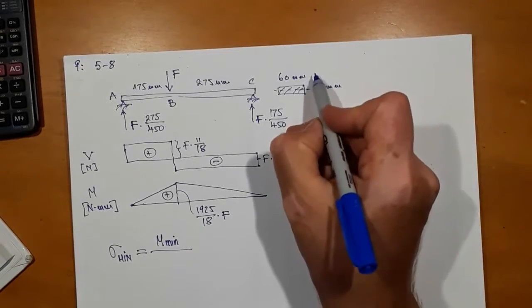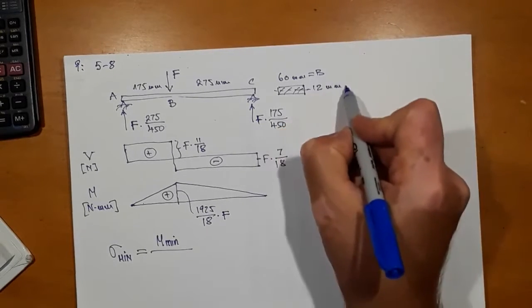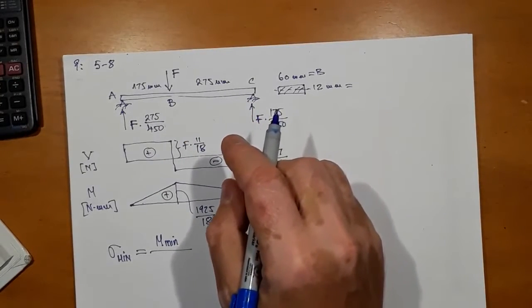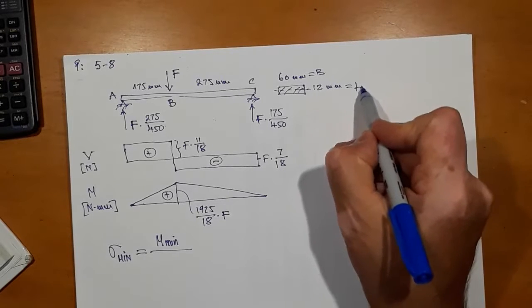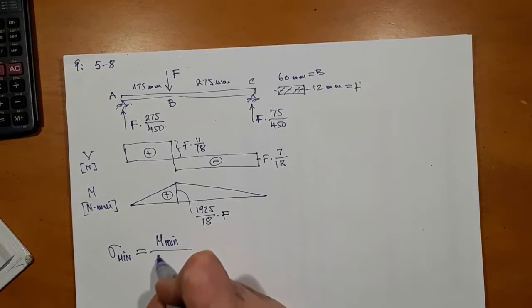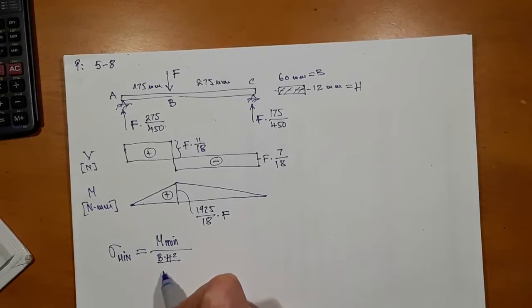So I have capital B, nothing to do with this B here, of course, and then the height H is 12. So Sx is BH squared over 6.